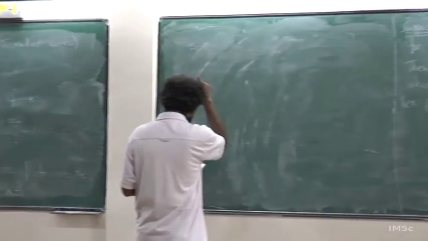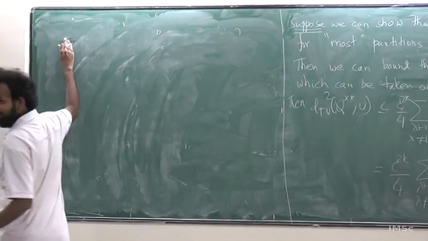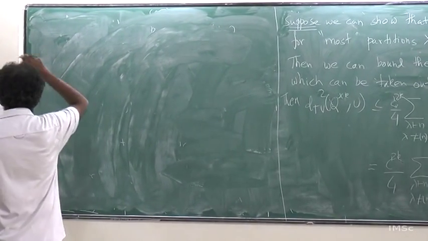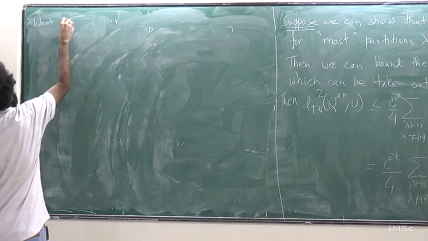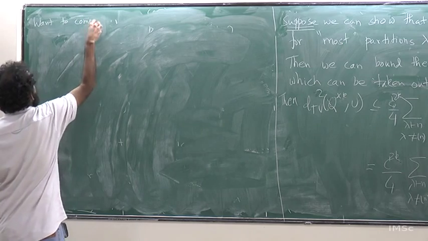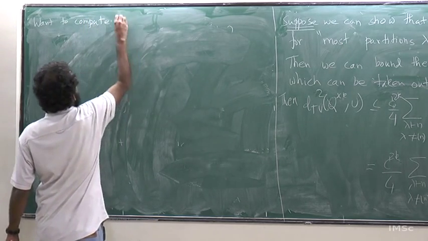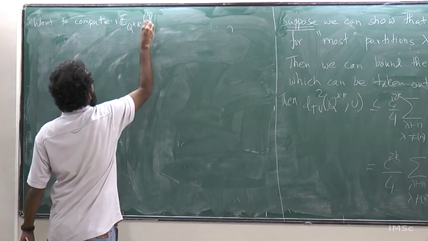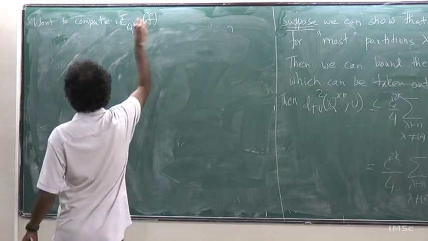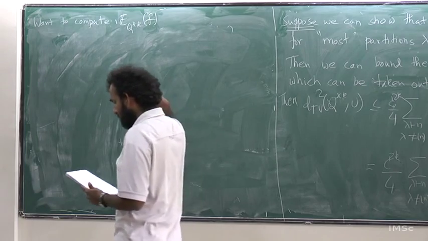So here's where the defining representation comes. I want to compute the expectation under q star k of f. This is the first step.